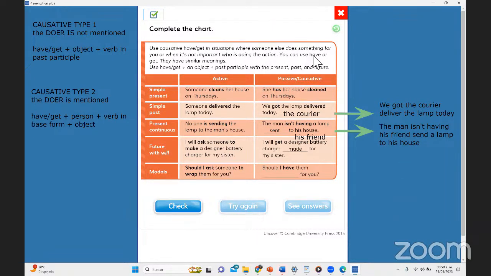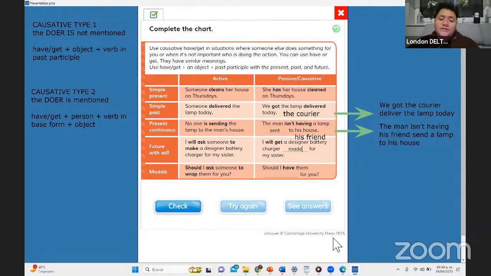Okay, the sentence says, voy a mandar a hacer un cargador de baterías de diseño, especial, hecho a la medida, para mi hermana.